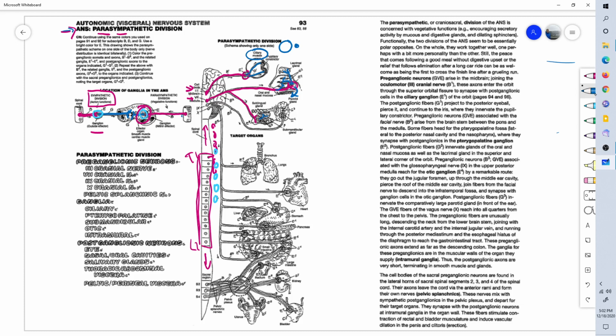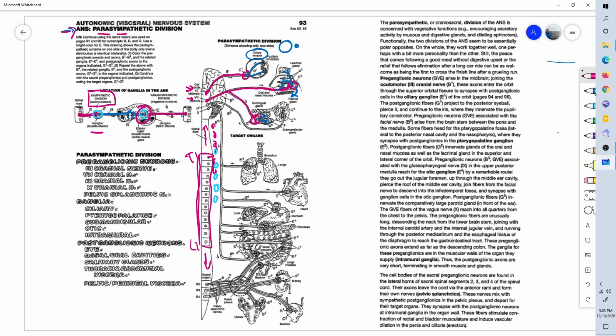It's for saliva, and the submandibular gland, more saliva to help you digest food in your mouth, to secrete moisture in your mouth and digestive enzymes in your mouth to get the digestion process started. Once again, that's an example of the parasympathetic nervous system being responsible for digestion.